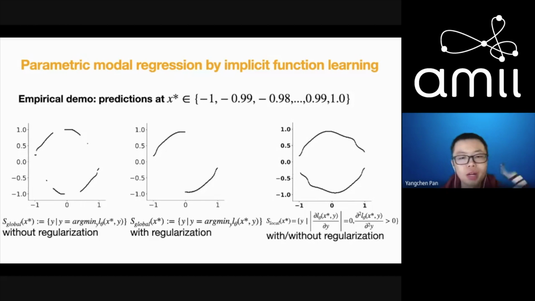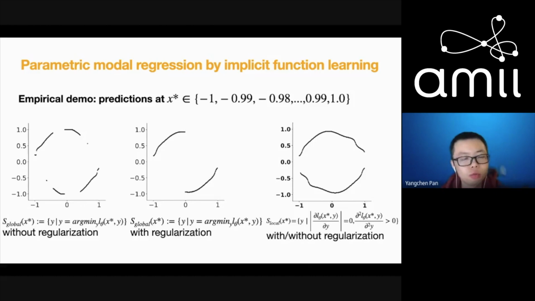And the right-hand side figure shows the prediction of all conditional modes. The visualization looks similar with and without regularization, so I just put one figure here. One thing worth mentioning is that we do not see very incorrect predictions, in the sense that we do not see any points fall in the middle of the circle.